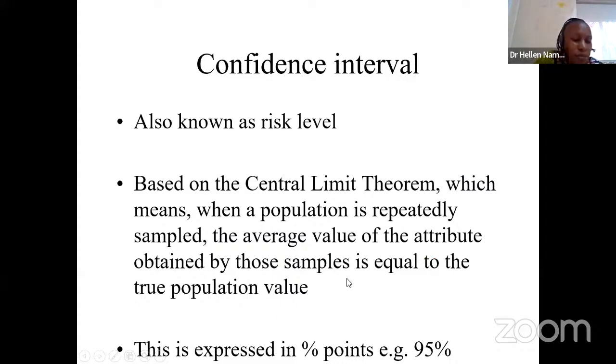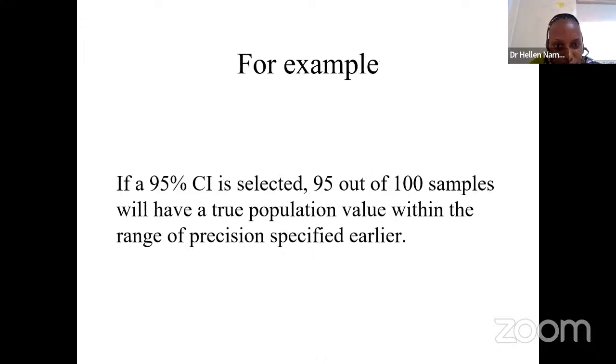So you sample various samples, then you get the average of the different samples that you have. And so we assume that the result that you'll get will be equal to the true population value.